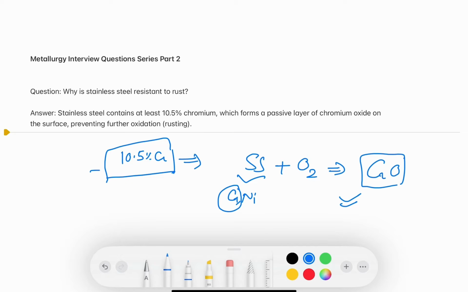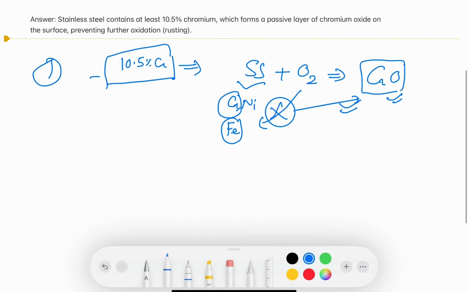This layer is extremely dense and adheres well to the surface, acting as a barrier that prevents further oxygen and water from reaching the iron, because the main element in stainless steel is iron. So that is the first reason.